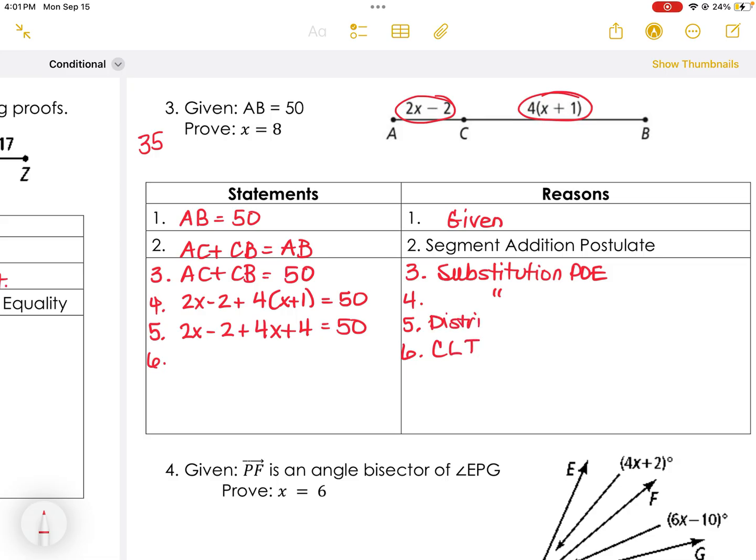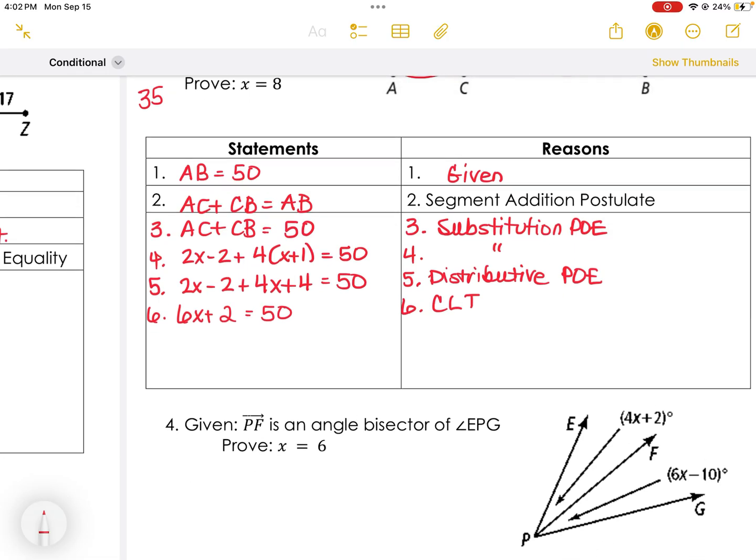Kind of jumping around here a little bit. Distributive. Okay, I did that. Combine like terms: 2x plus 4x is 6x, and negative 2 plus 4 is 2. So combining like terms, I get my equation down to that.